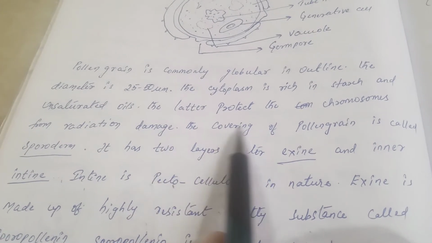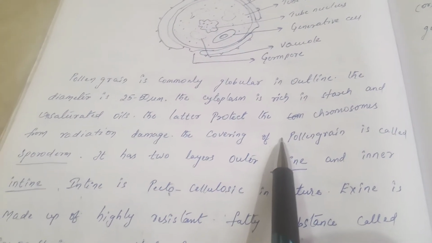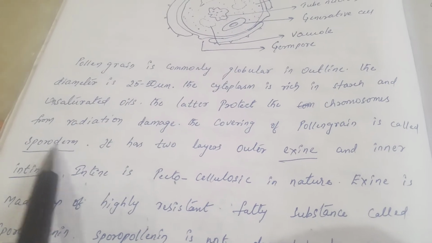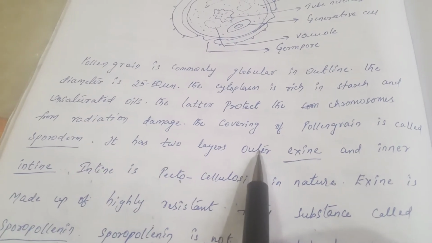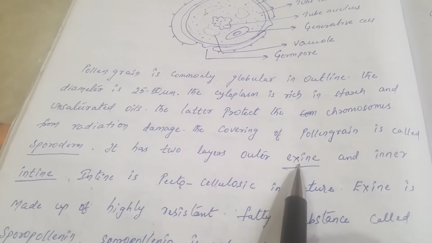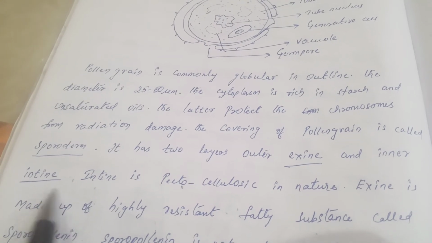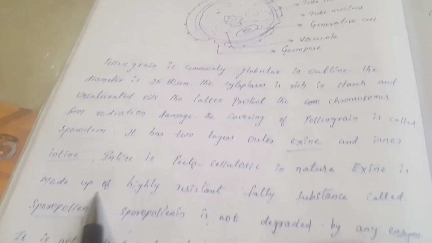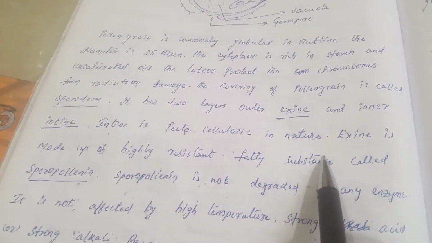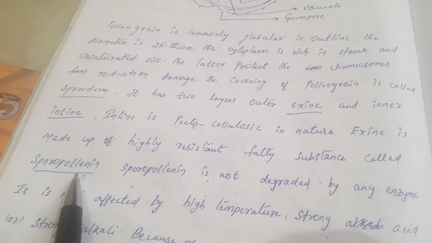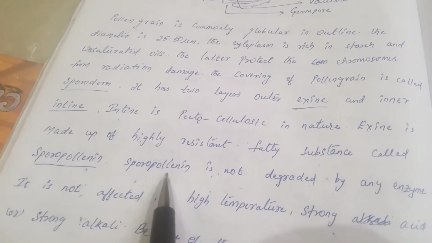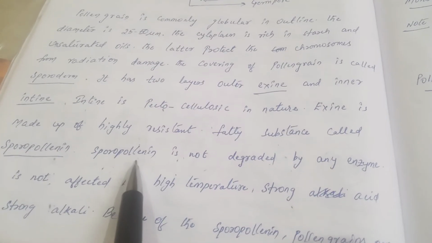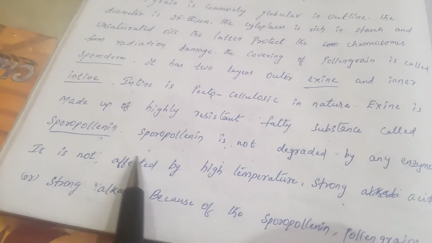The covering of pollen grain is called sporoderm. And sporoderm has two layers, outer layer and inner layer. Outer layer is called exine and inner layer is called intine. Intine is made up of pectocellulose and exine is made up of a highly resistant fatty substance called sporopollenin. Sporopollenin is one of the hardest substances because it is not degraded by any enzymes and it is not affected by high temperature, strong acid and strong alkali.